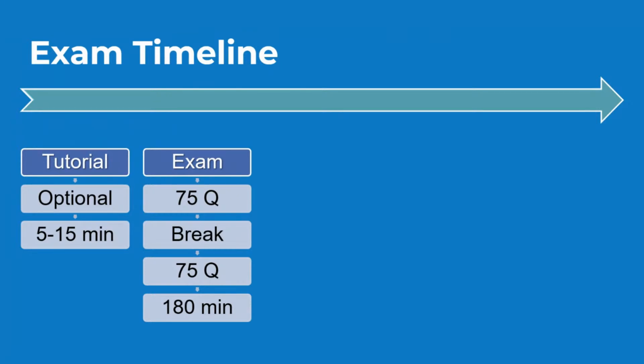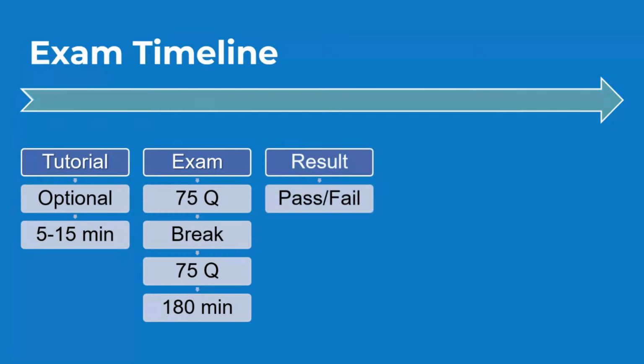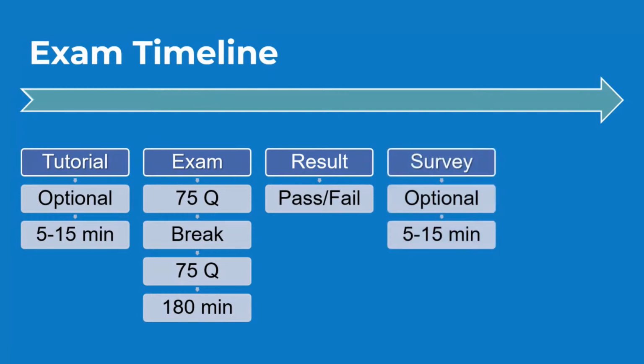After you're done with the exam, either you press end exam or your time runs out, you will be shown on the screen your overall result, pass, fail, after which PMI gives you a survey. Again, this is optional, takes another 5 to 15 minutes, they say, to complete. Now, here's the thing. Sometimes some people tell me the survey comes first, the result comes second. Some say, no, the result came first, the survey comes second.